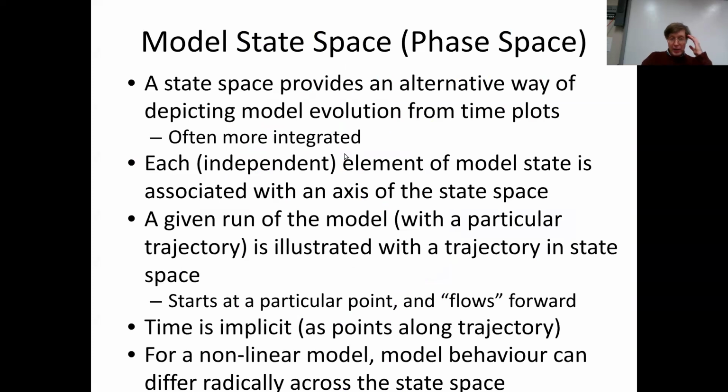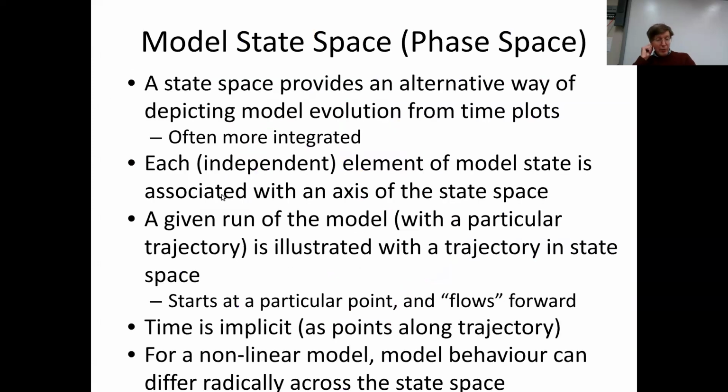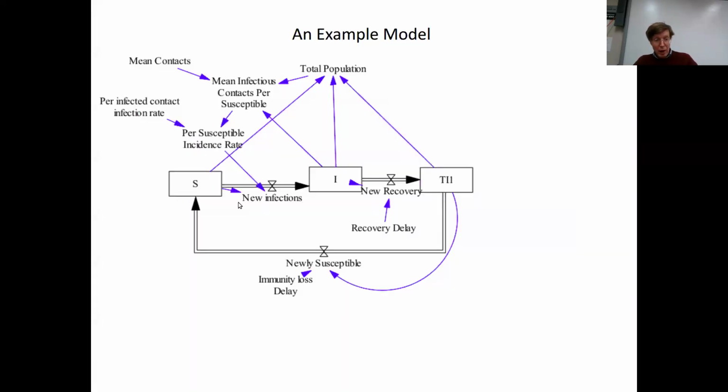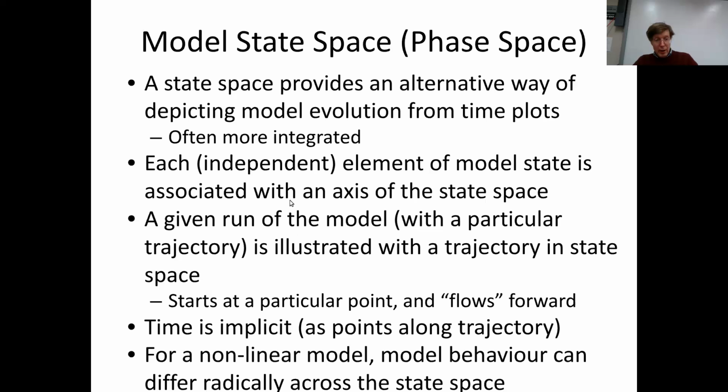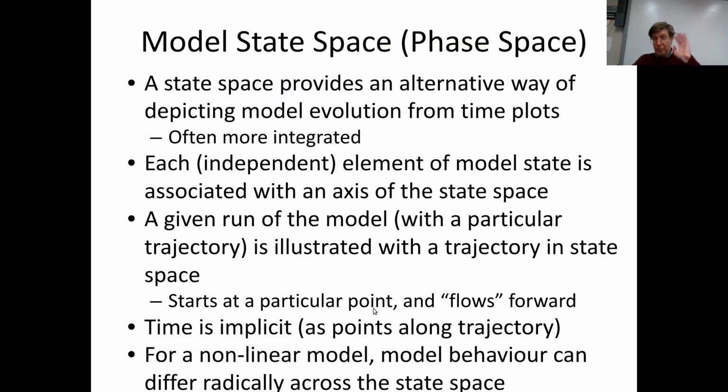So when we visualize state space with a compartmental model, really where the state is very contained, here we have three nominal state variables. We have a three-dimensional state space, one for each of the state variables. And I've shown a given run of the model is arced out by a trajectory, right?